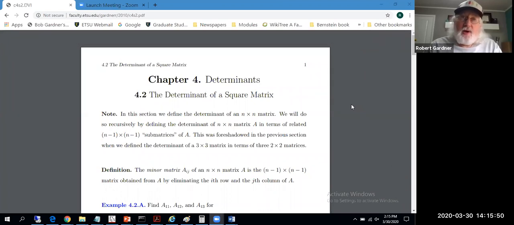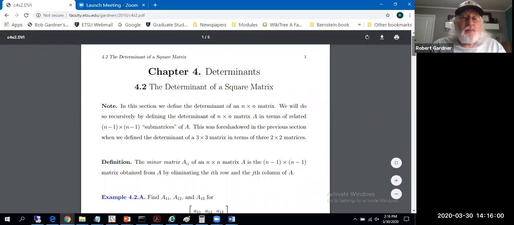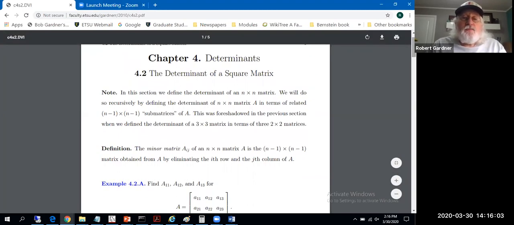The determinant of a 3 by 3 matrix is defined in terms of 3 determinants of 2 by 2 matrices. That's a pattern. So the plan here is to define the determinant of an n by n matrix.